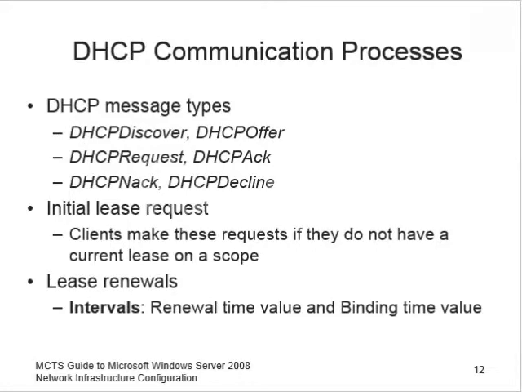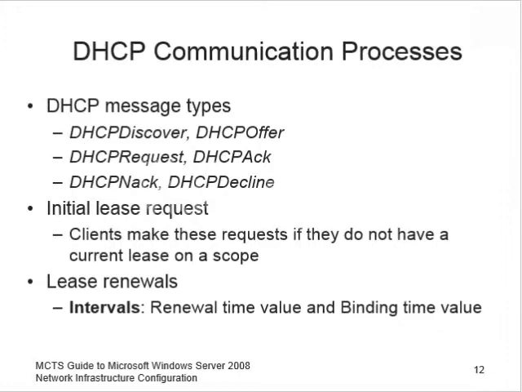Because the client has not yet configured itself with the offered parameters, it transmits the DHCP request message as a broadcast. This broadcast notifies the server that the client is accepting the offered address and also notifies the other servers on the network that the client is rejecting their offers.